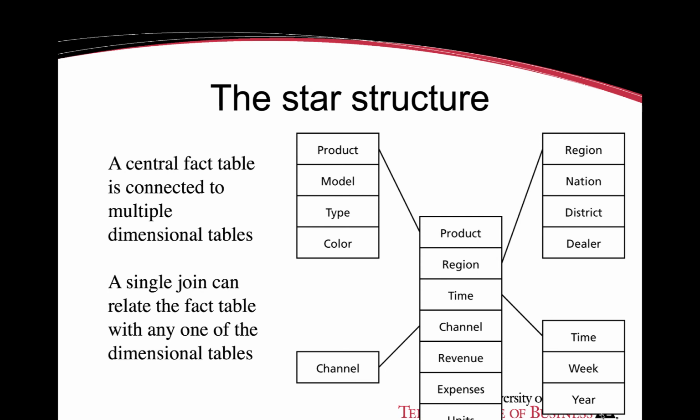And this transaction table can be connected to product tables, region tables, date time tables, channel tables, allowing us to analyze the transactions based on a variety of different dimensions. The advantage of this star structure is that it relies on the use of only a single join to join the central fact table with any dimension table.